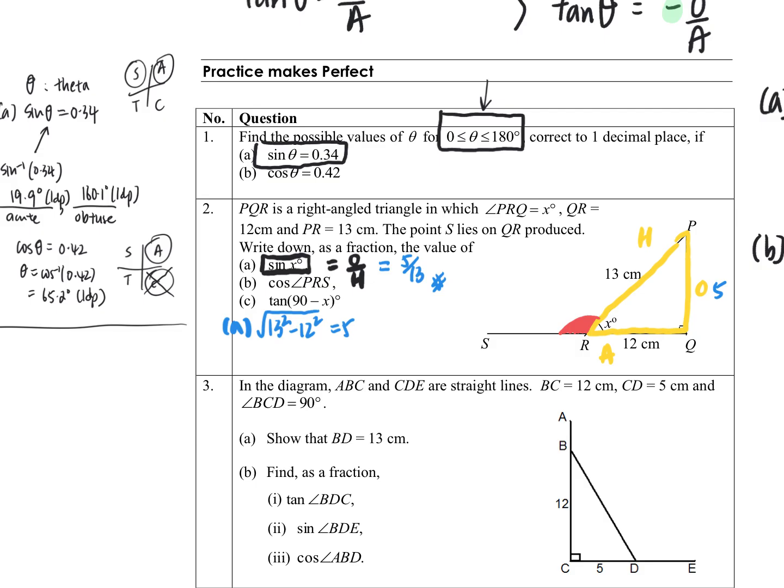Okay, so take note, finding this is the same as finding negative of the cosine angle beside it. This is the key. Can you see? My cosine 150 is negative of my cosine 30. It is just negative of the ratio.